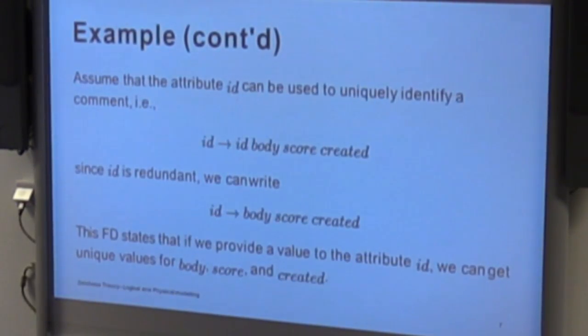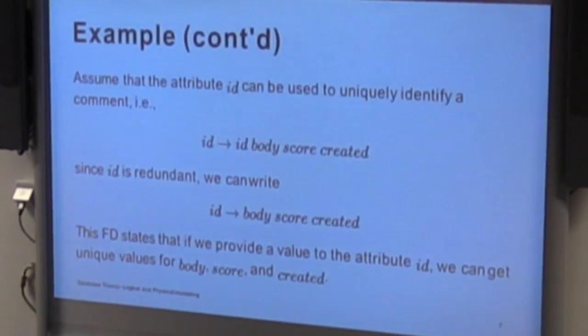And that ID attribute is in that case a sort of a key. And that ID can uniquely identify each and one of the combinations of the set of attributes being ID, body, score, and created.